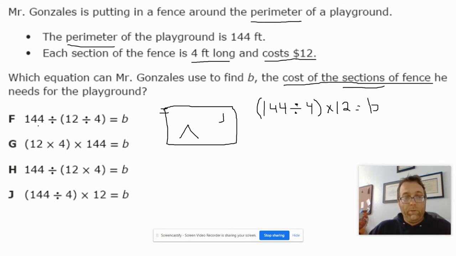Like F, for example, says go parentheses first, take your cost and you divide it by how long one section is. That doesn't sound reasonable to me, so it doesn't make sense. So if you go through all your answer choices and you worked it out prior like we just did, you would see that J is the only answer that makes sense. It matches what we just did. Okay? That's an example of an equation type problem.